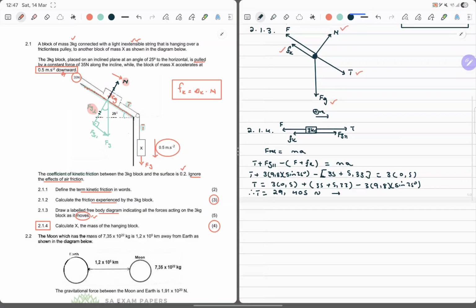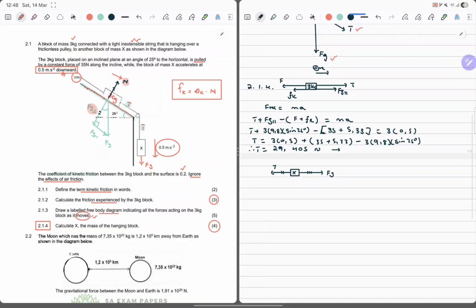Now we want the mass of that block. Okay, so how will we find it? Well, we know that for object X, we've got two forces. One is its weight, and the other one is the tension. But the weight should be bigger than the tension because the object is accelerating downwards.